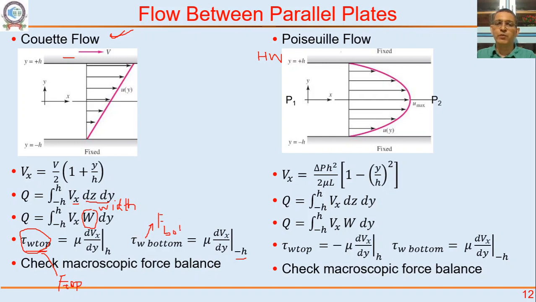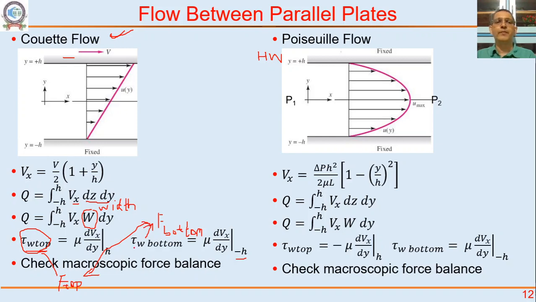Macroscopic force balance means both these forces have to be same. Whatever force we have applied to the top plate, same force will be transmitted to the bottom plate. It's a Cartesian coordinate system. So these two forces have to be equal. Make sure that you get them equal.